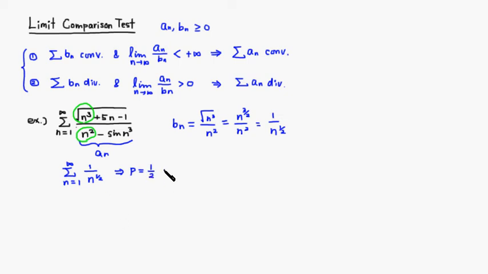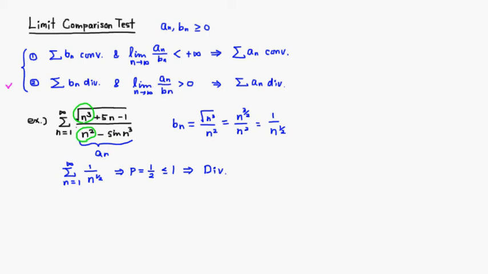If p is less than or equal to 1, we have a divergent p-series. So we already know the summation with bn will diverge, so we are trying to apply the second version to this problem.